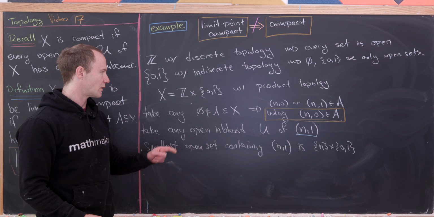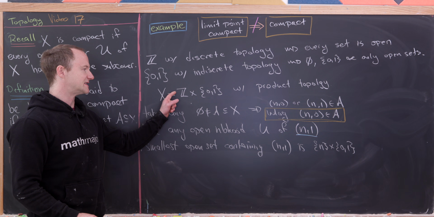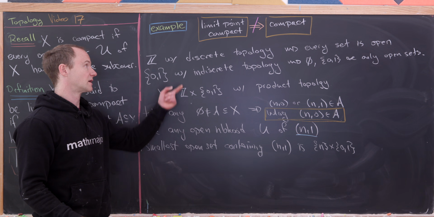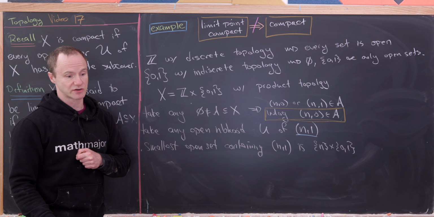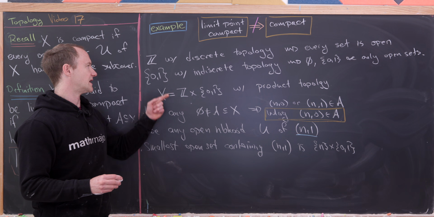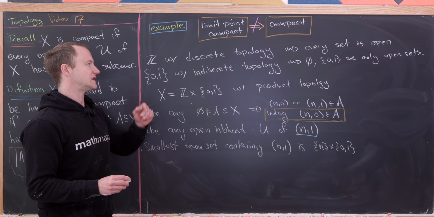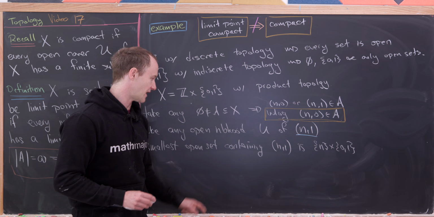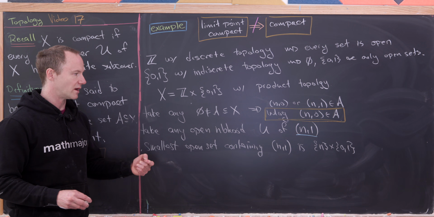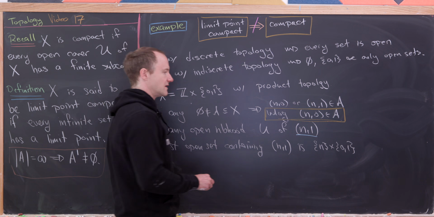Well, and why is that? Well, the smallest open set in Z containing n is the singleton {n}. I think that's pretty clear. And we know that's open because we're in the discrete topology. But then the only non-empty open set in the indiscrete topology here is the entire thing. So that's how we get that the smallest open set containing (n, 1) is that thing right there.